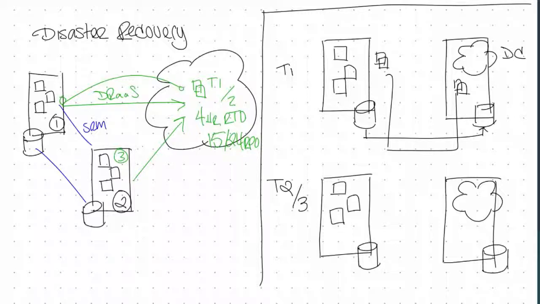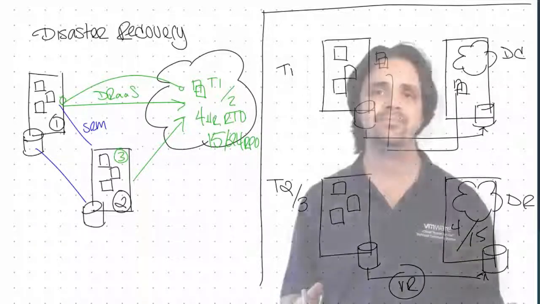And so in that situation, they could use a disaster recovery instance with vCloud Air. And then they're using vSphere replication to move from point A to point B. And then for the rest of those workloads, they have their 4-hour RTO and their 15-minute to 24-hour recovery point objective.